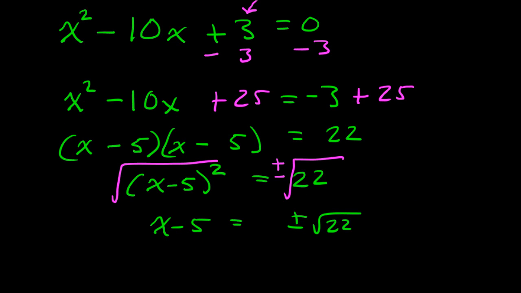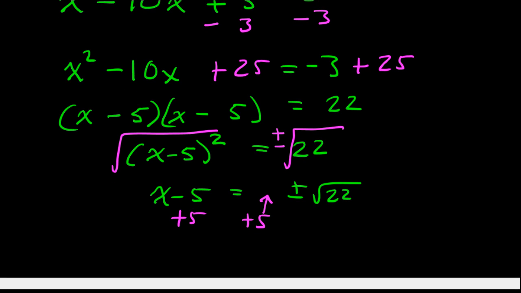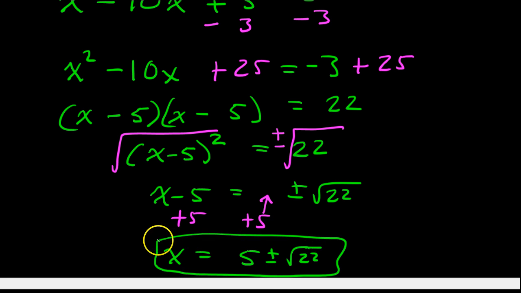To solve this, we'll finish up by getting x by itself by adding 5 to both sides. I'm just going to put the 5 in the very front, and we'll get our final answer that x equals 5 plus or minus radical 22. That would be the final answer.